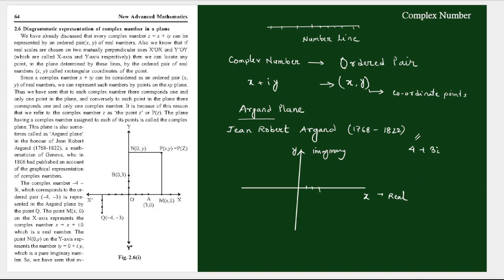That means 1, 2, 3, 4 on the x-axis, and then it will go 1, 2, 3. So the point will come here. This will be your 4 comma 3. So this is your Argand plane, and this is how we represent a complex number in a plane. Clear?